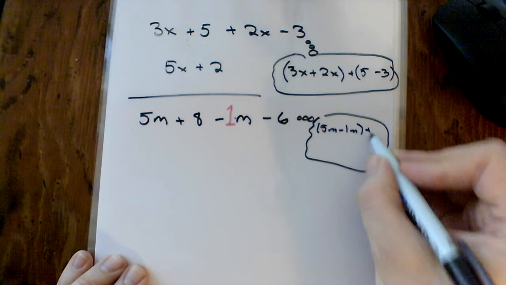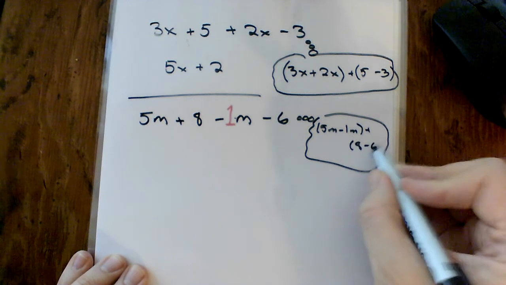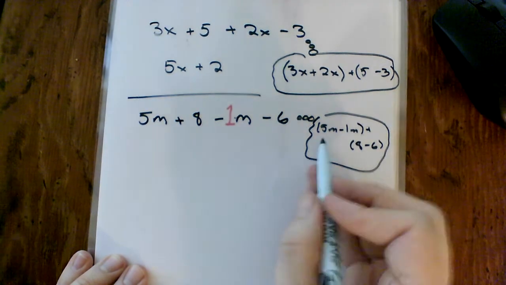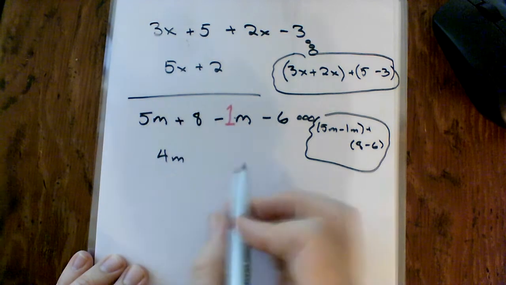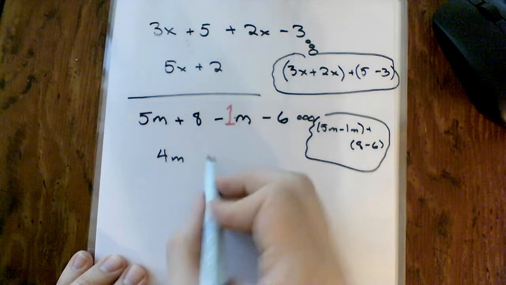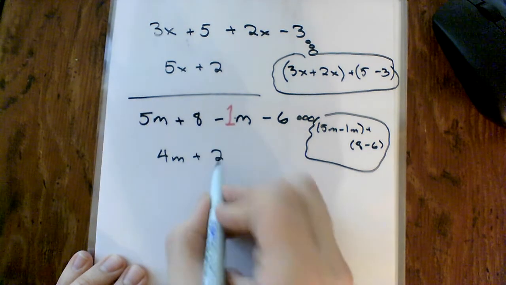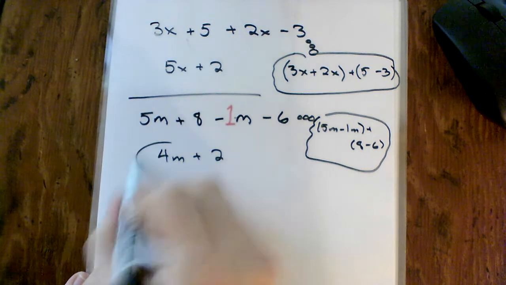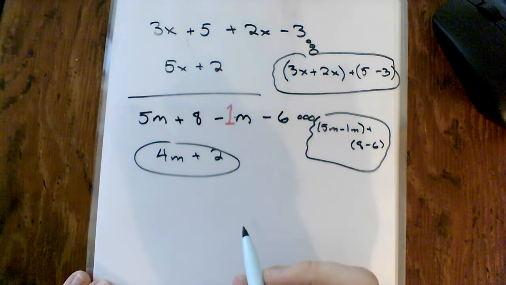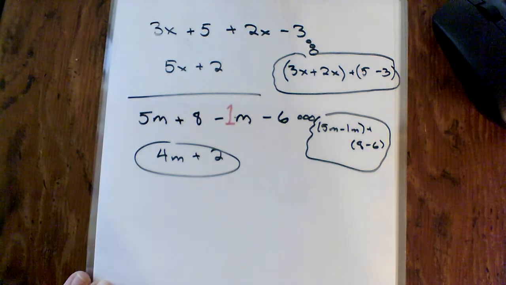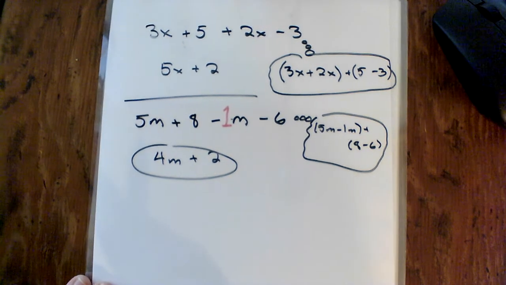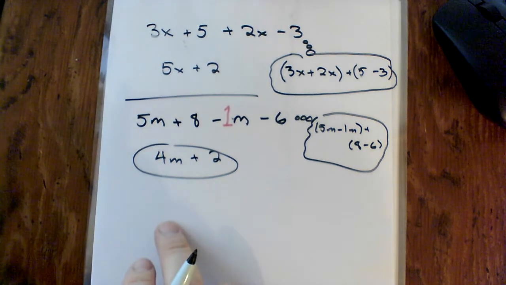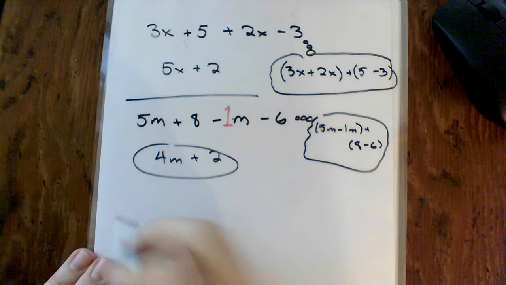And then plus, I've got 8 minus 6. 5m minus 1m. 5 minus 1 is just going to be 4m. 8 minus 6 is going to be 2. So there's our answer here. Now this is our first type of, and by far the easiest type of, simplifying an expression.